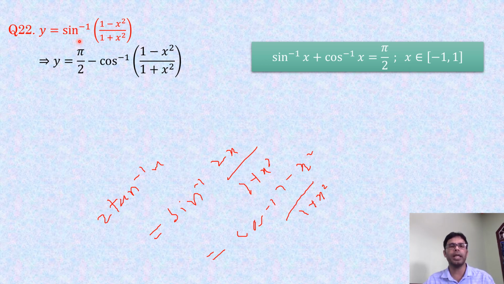Here we have sine inverse, but to make this sine inverse in terms of cos inverse, we use cos inverse x is equal to pi by 2 minus sine inverse x. So here y is equal to pi by 2 minus cos inverse x. Now this part can be written as 2 tan inverse x, is it not? Okay, so I am erasing this. You use that 2 tan inverse x.